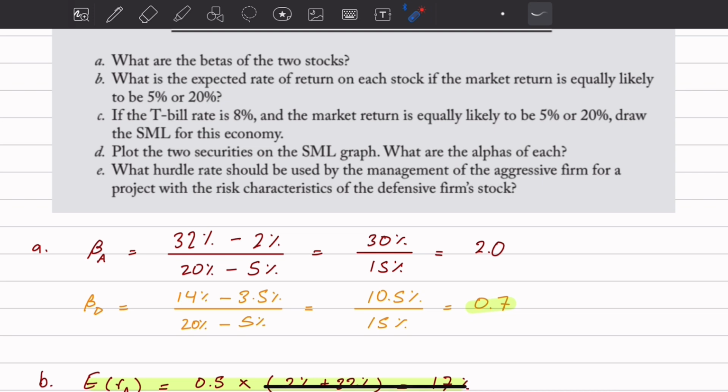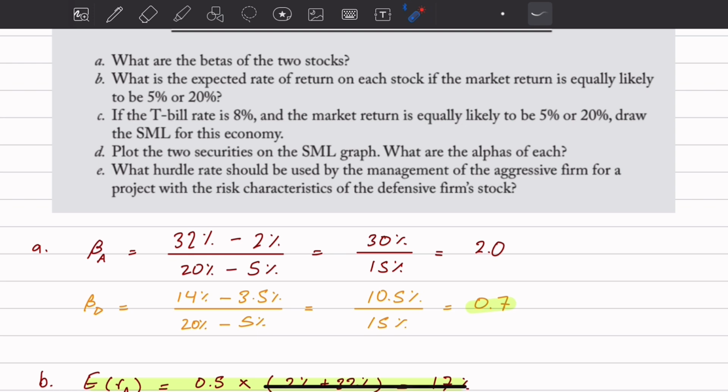Okay, so if the management decides to go for a project, assuming that the firm is aggressive, but they decide to go for a project with the risk characteristics of the defensive firm's stock, here you need to consider the project's risk characteristics, right?